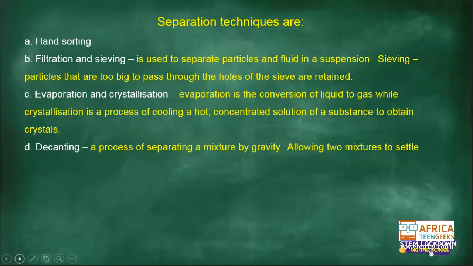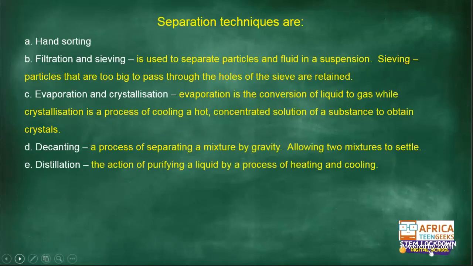Then we have distillation. Distillation is the act of purifying a liquid by a process of heating and cooling. You can purify a liquid by heating it, and you can actually purify a liquid by icing it as well.